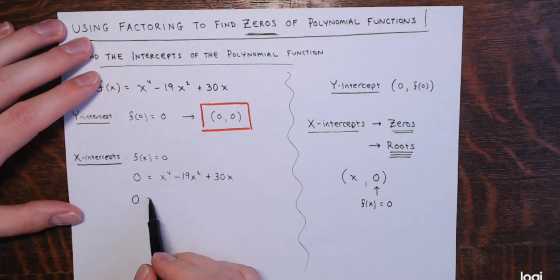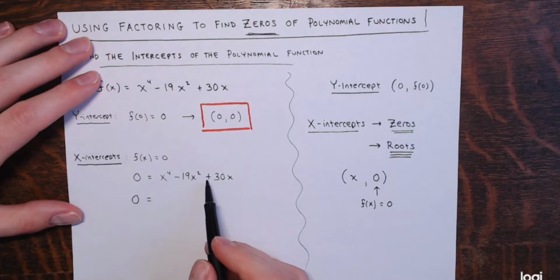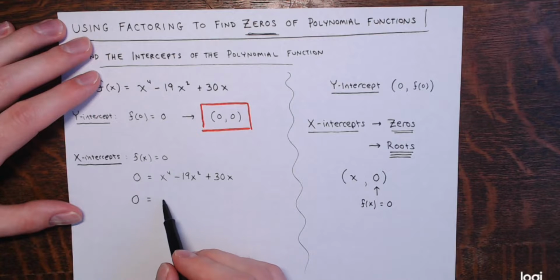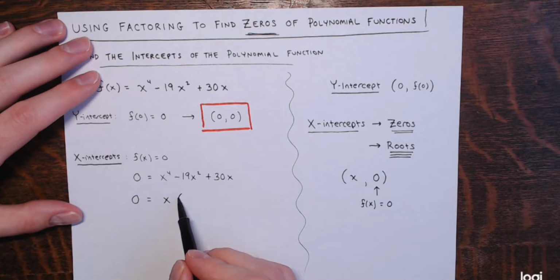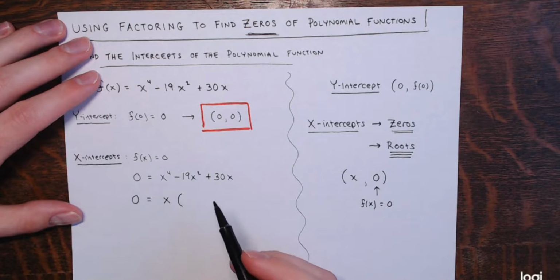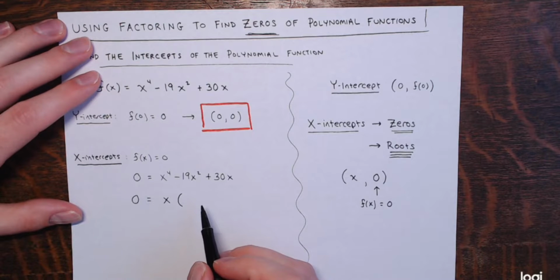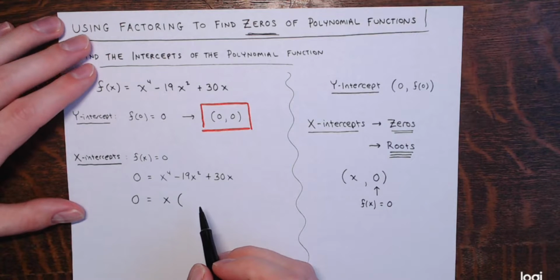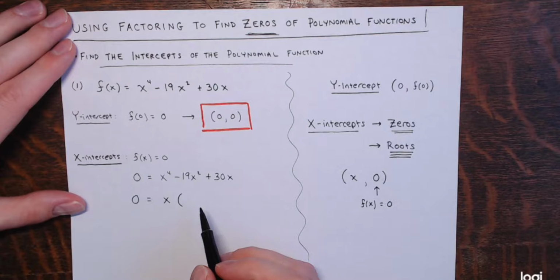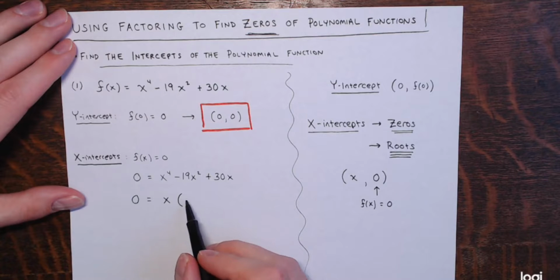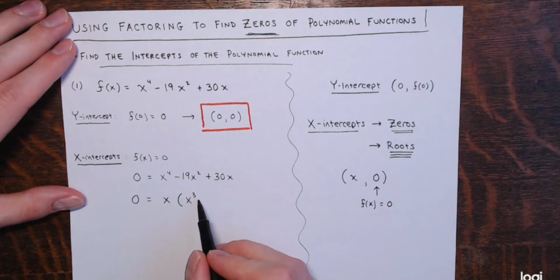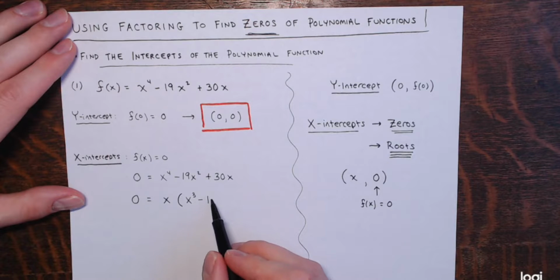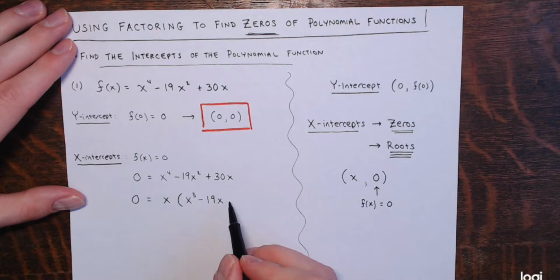Well, if I look at these three terms, they all have a common factor of x. So I factor x out, and we'd be left with x cubed minus 19x plus 30.